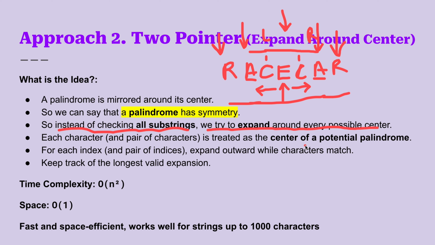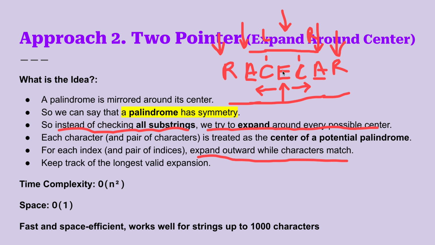But if other strings are given, we have to find every possible center to find the longest one. We'll see in the video, don't worry. Each character and each pair of characters is treated as a center of a potential palindrome. We'll talk about that further in the video. For each index and pair of indices, we expand outward while the characters match.